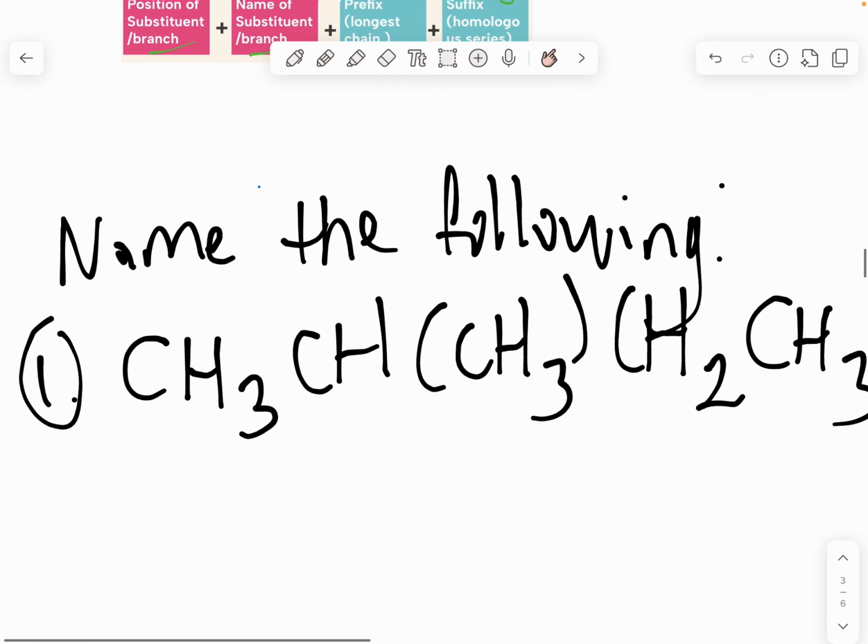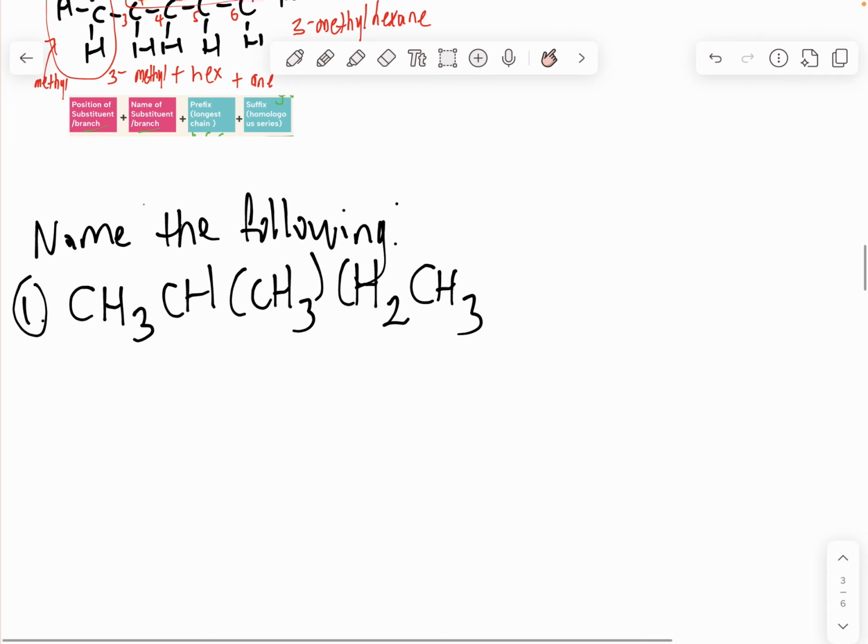Okay. Now this one says name the following, and we're given the condensed form, and we're asked to name these compounds. And I'm going to show you how to do your drawing and your naming based on the given condensed formula. And just a recap, your condensed formula gives you information about the atoms that are bonded together without actually showing you the bonds, right?